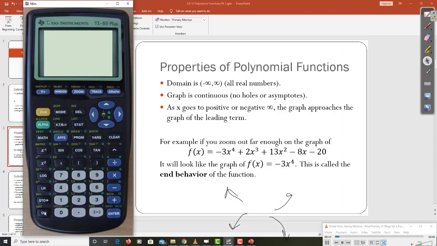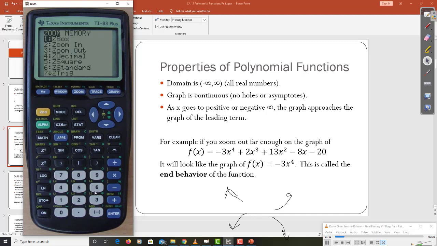So here we go. If I plug in negative 3x to the fourth plus 2x cubed plus 13x squared minus 8x minus 20.